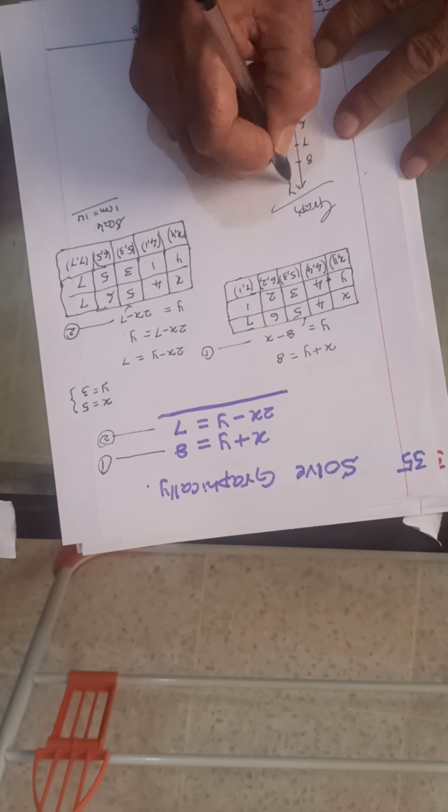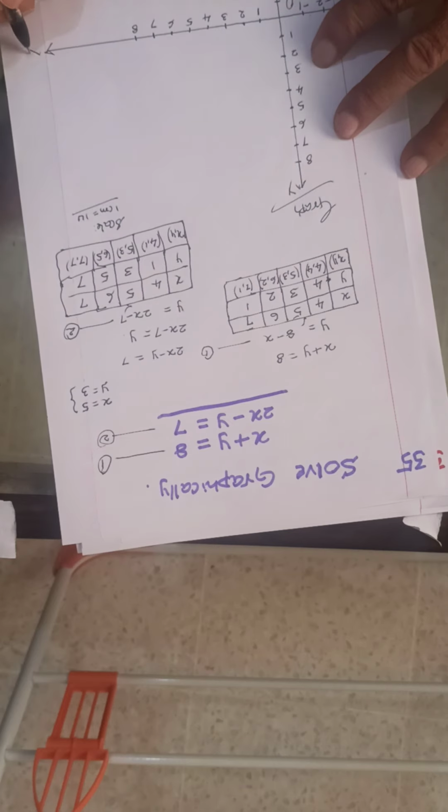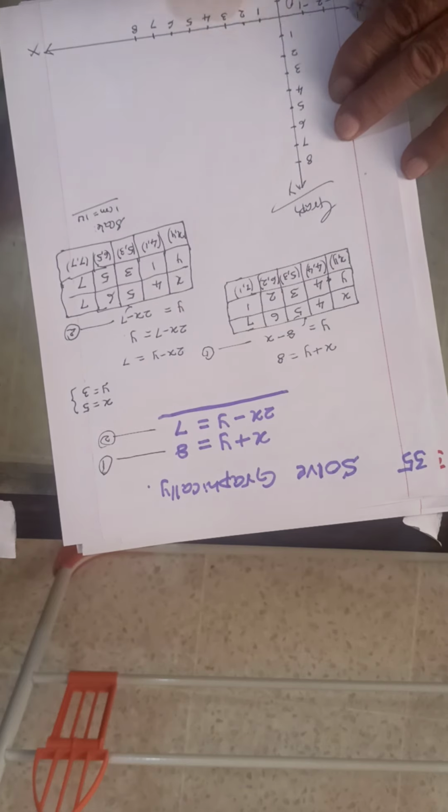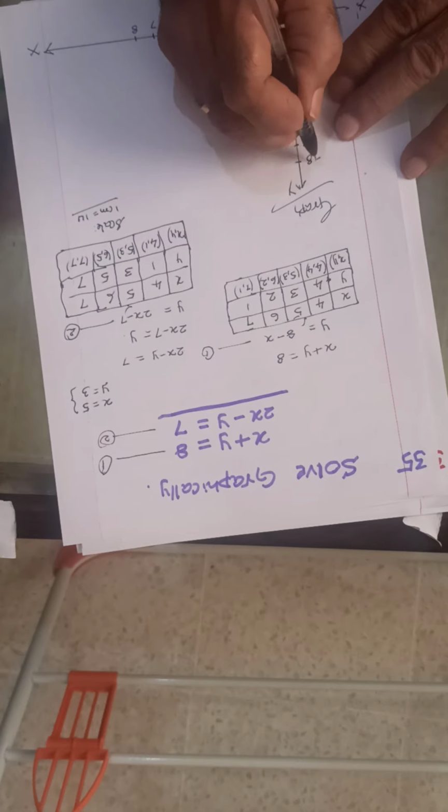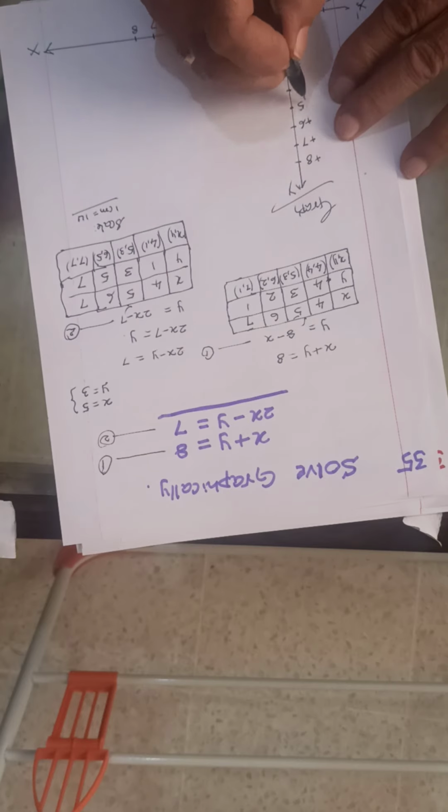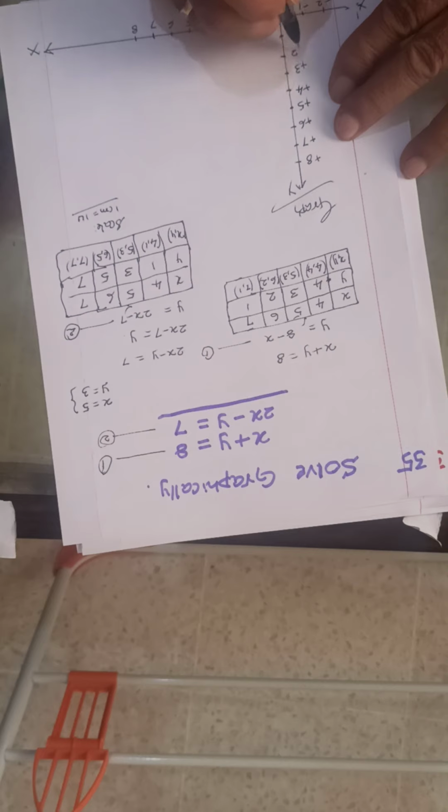This is the y axis. You have to label the axes also: x axis, this is x dash, this is y dash. Mark all the positive directions with plus.